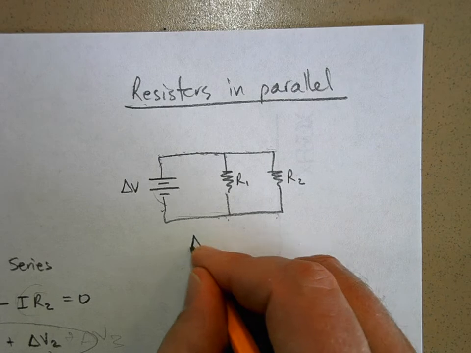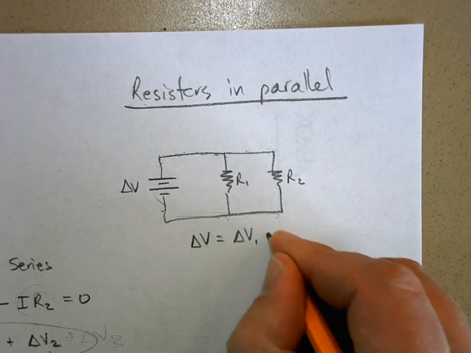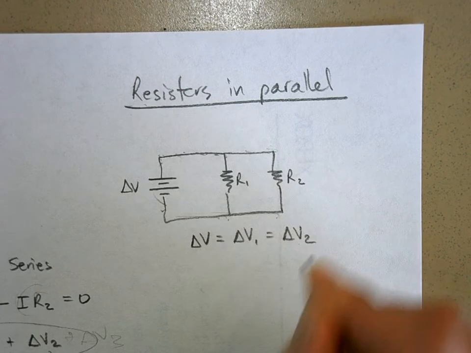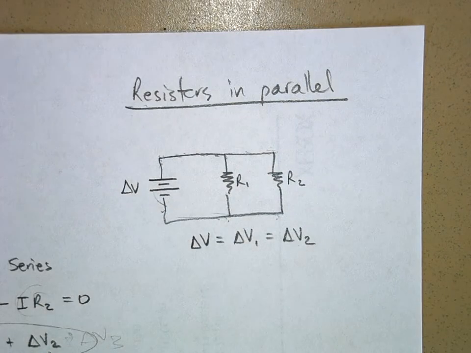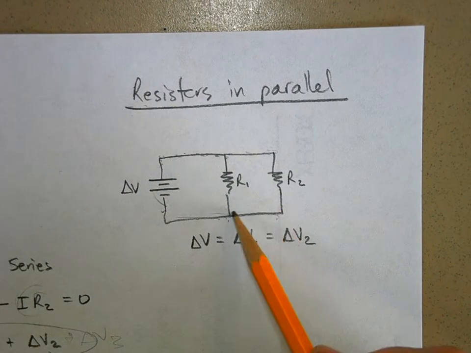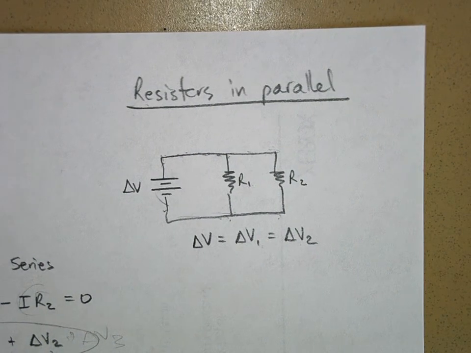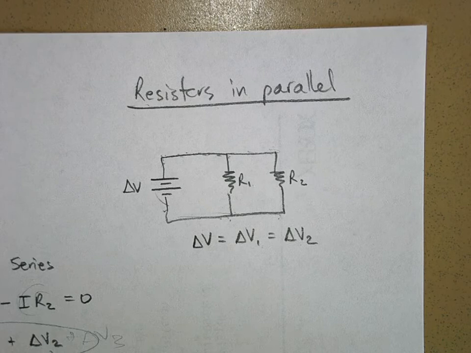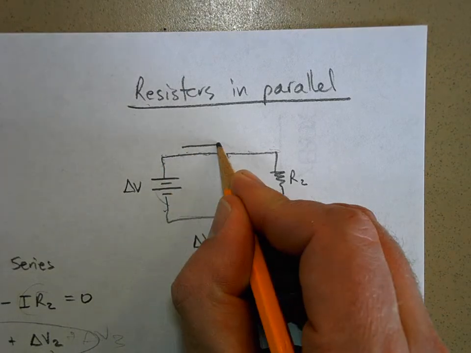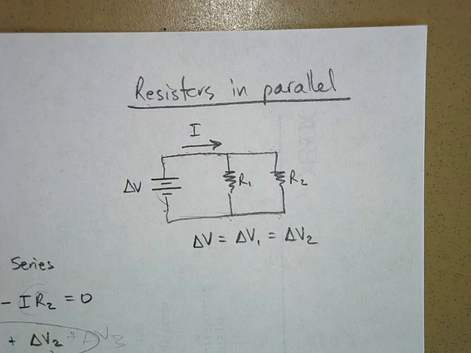So delta V total is equal to delta V1 is equal to delta V2. So the voltage drops are now the same. That's what defines two circuit elements that are in parallel. They have the same voltage drop, which means you have two paths. Now, let's talk about current. Here's I. That's the total current delivered to the circuit.